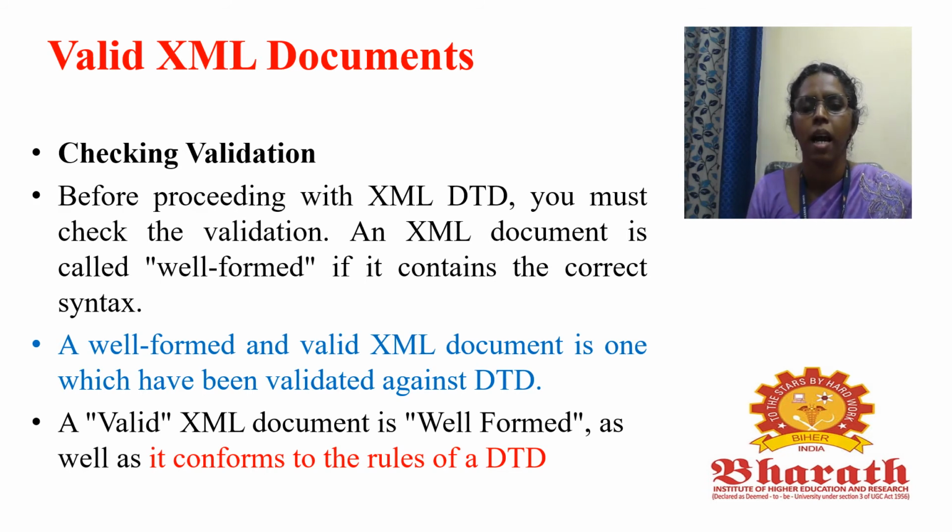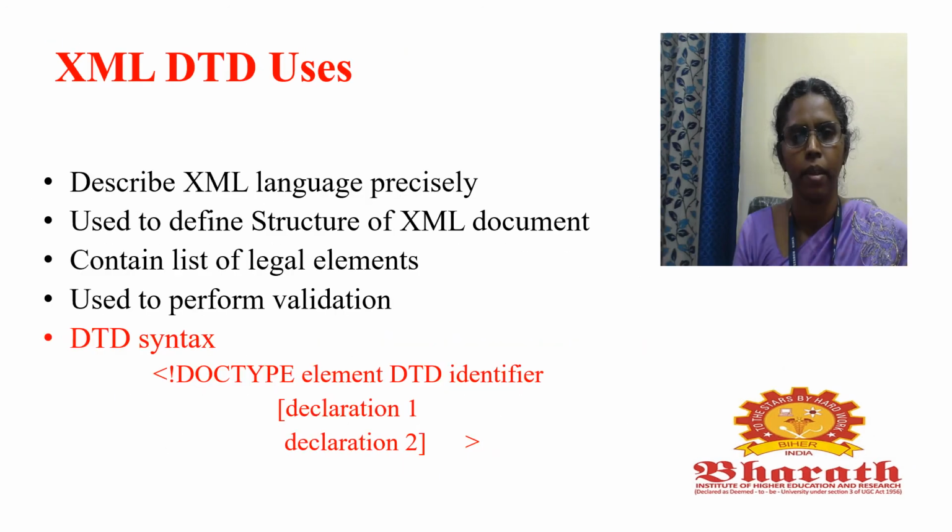So that is, it conforms to the rules of a DTD. What is that rule? How many attributes we are having? What type of each attribute? So if a particular data we are receiving, that will be verified against the schema as well as the document type definition. If it's satisfied, then it is a valid XML document.